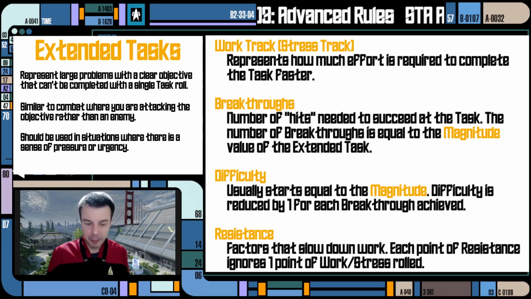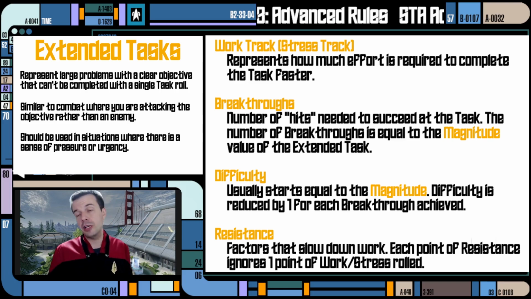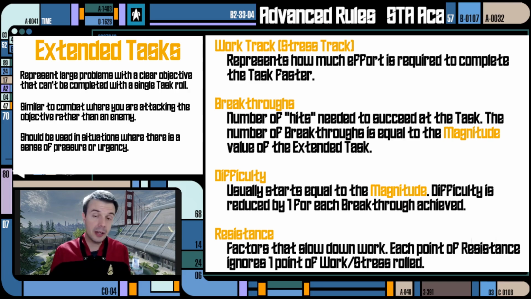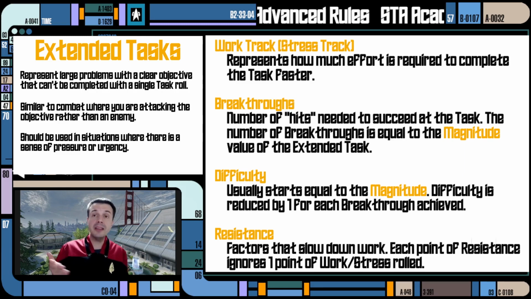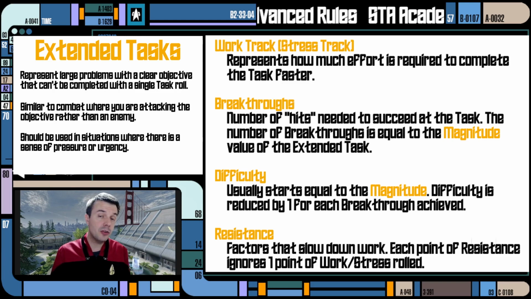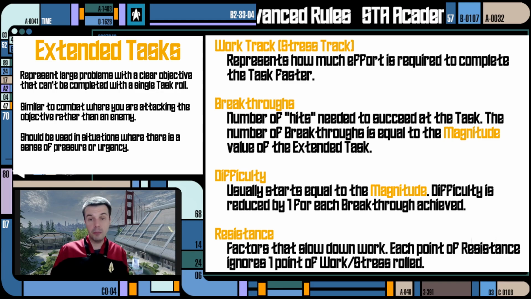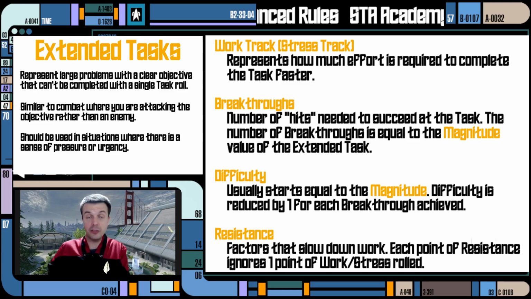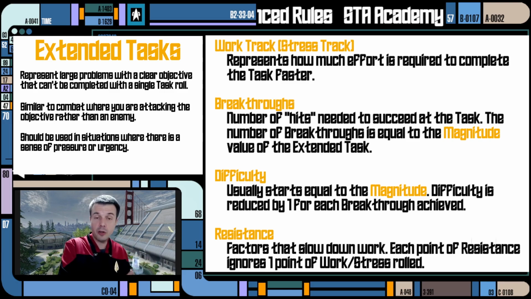Let's finish the parts here. There's difficulty. It is a task, so it's going to have difficulty like any other task. Typically, difficulty is also set the same as magnitude to represent that a task that has a magnitude that's large is going to have difficulty that's large.